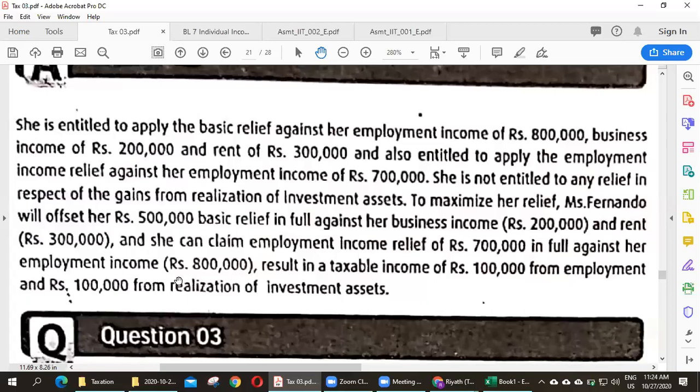Taxable income is 100,000 from employment, right? To maximize relief, offset rupees 500,000 against business income, right? Okay, right.